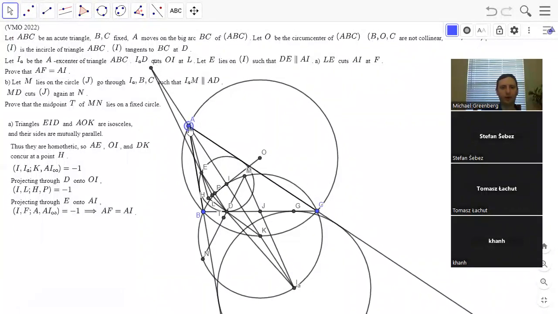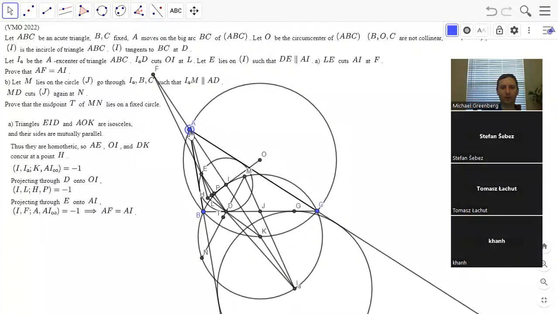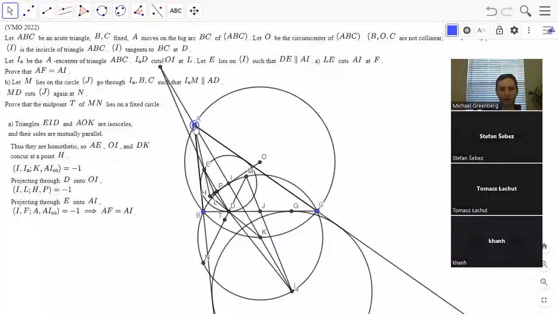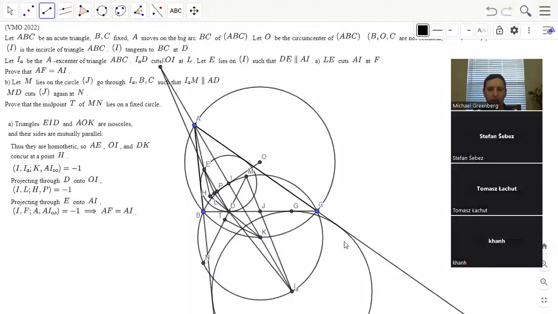So yeah, I wish there was a way to fix B or fix the circle. But so this is perpendicular, that's clear. So saying that T lies on a fixed circle, let's think about that. As A moves around, because it's saying A moves on the arc BC, I is going to move, B and C are going to stay in the same place, K is going to stay in the same place.